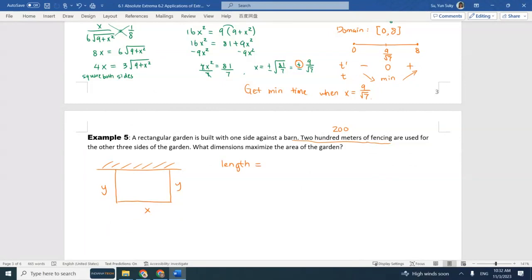What's the length of the 3 sides? y plus x plus y. Together is 2y plus x. Exactly. And we know the length is 200, right? You have 200 meters of fencing material. Okay. And then you want to maximize the area. What's the area of a rectangle?